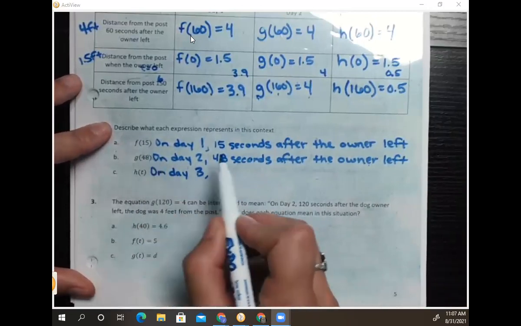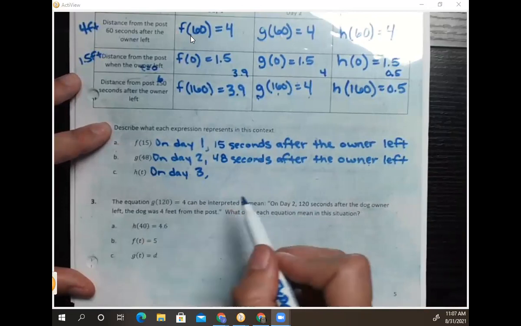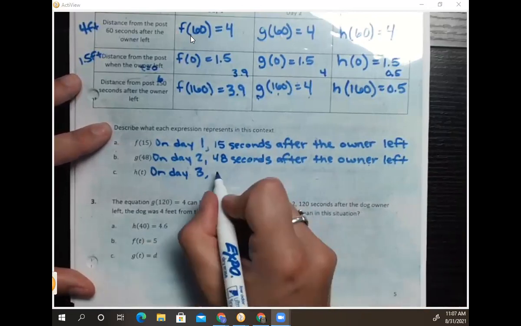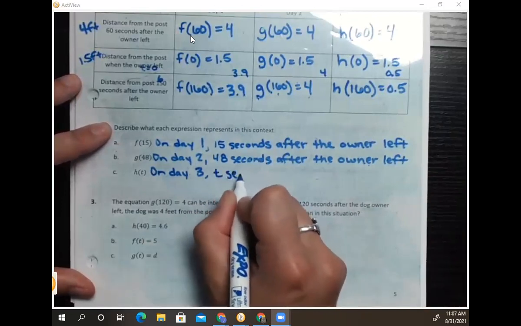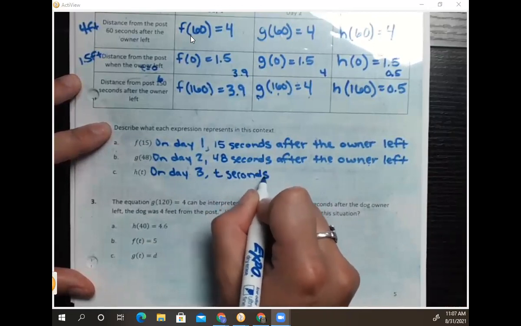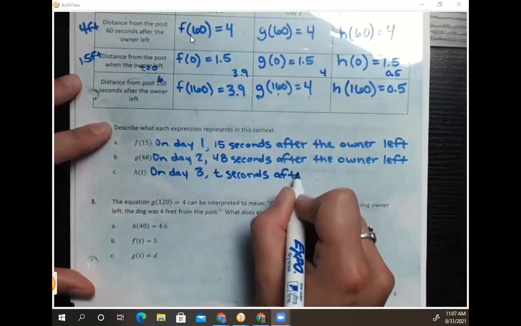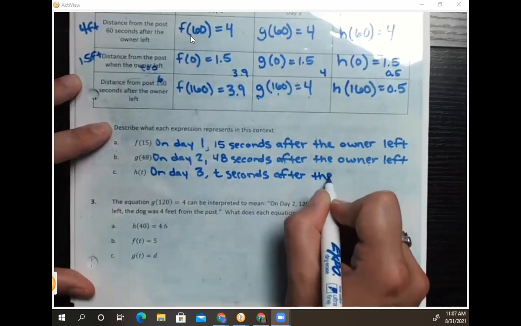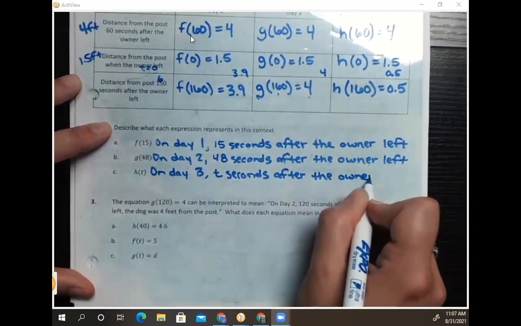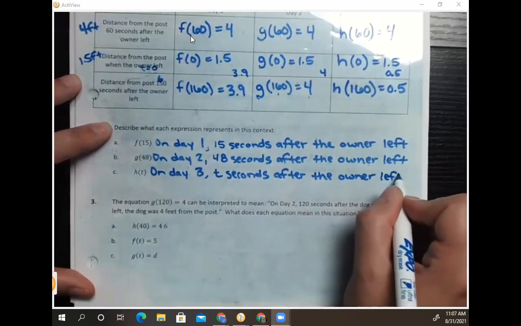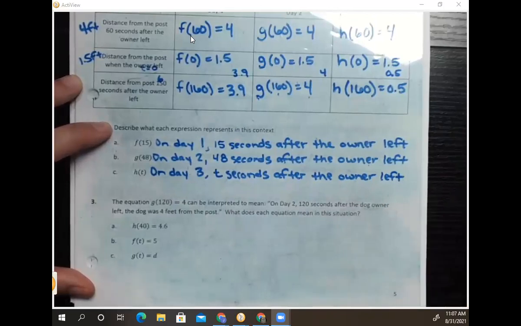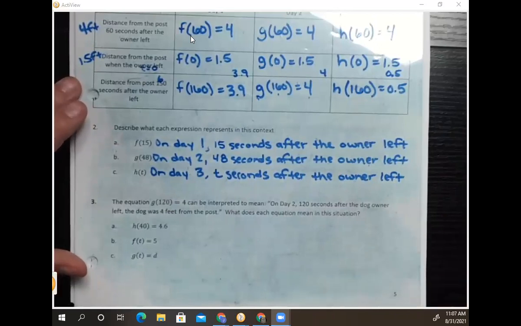When they gave me 15, I said 15 seconds. When they gave me 48, I said 48 seconds. So here I'm just going to say t seconds. T seconds after the owner left. Okay. They left it in general terms, so I'm going to leave it in general terms.